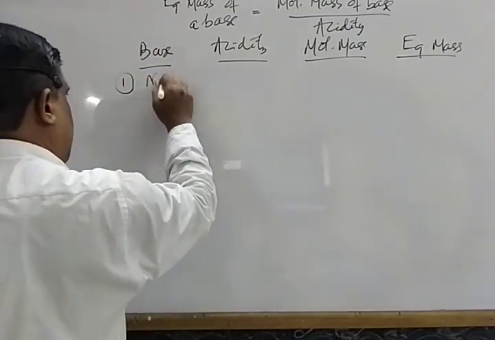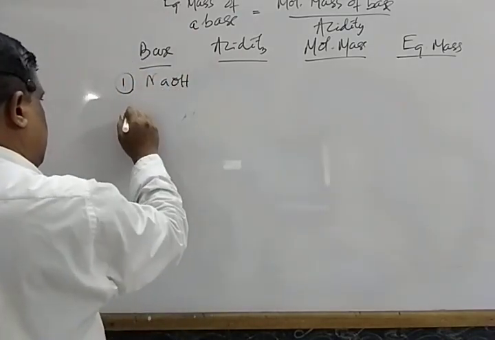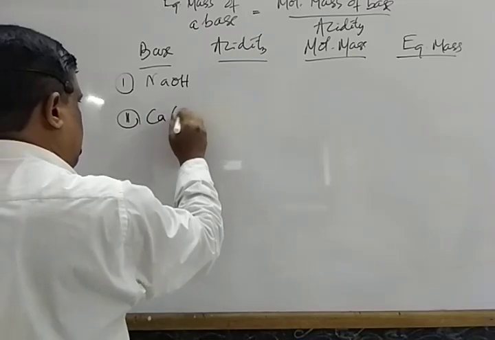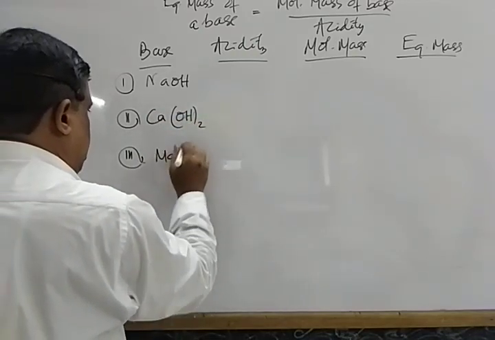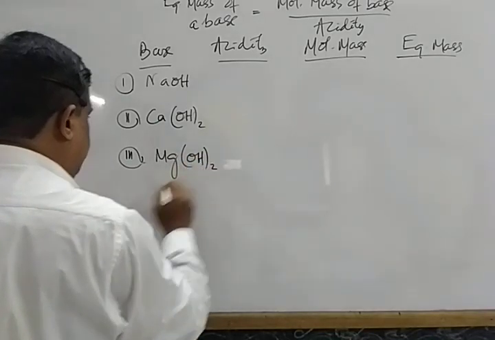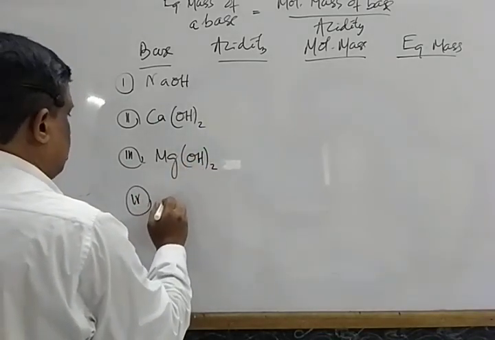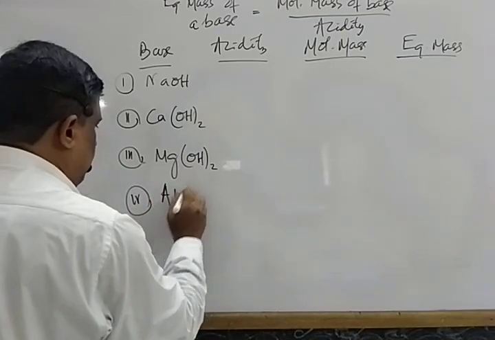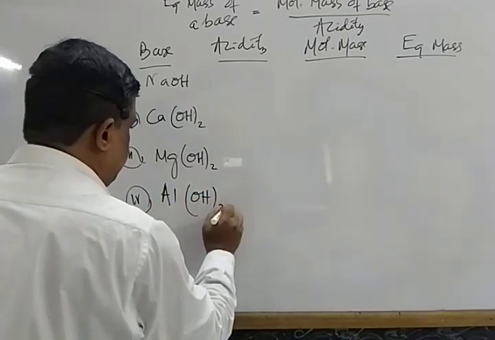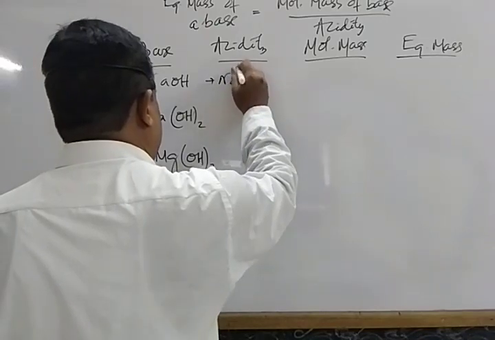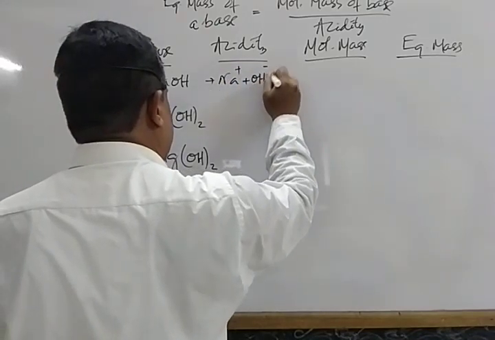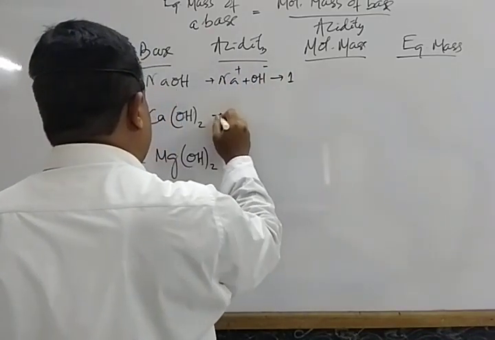Examples: sodium hydroxide, calcium hydroxide, magnesium hydroxide, aluminum hydroxide. Mark that. When sodium hydroxide ionizes, it gives rise to Na plus and OH minus, so acidity is 1.